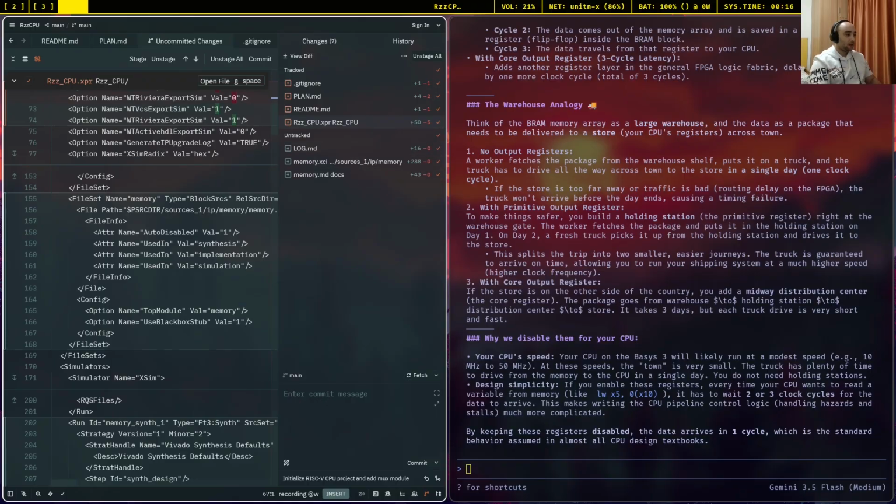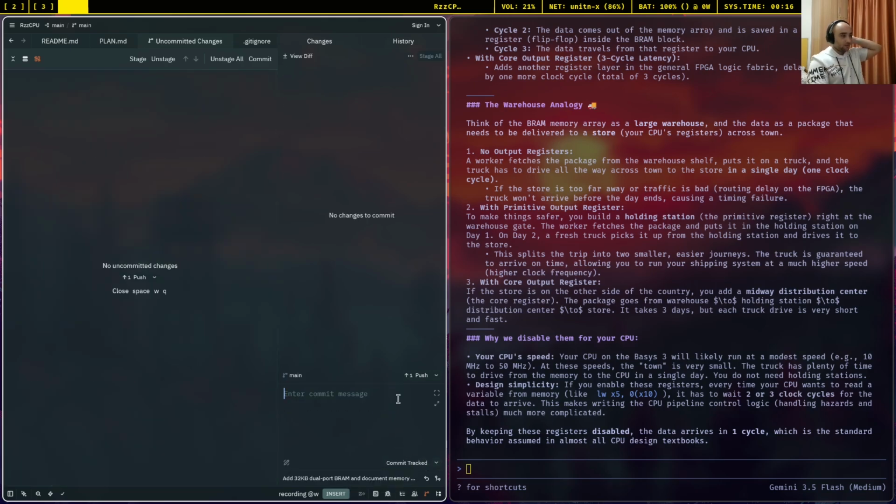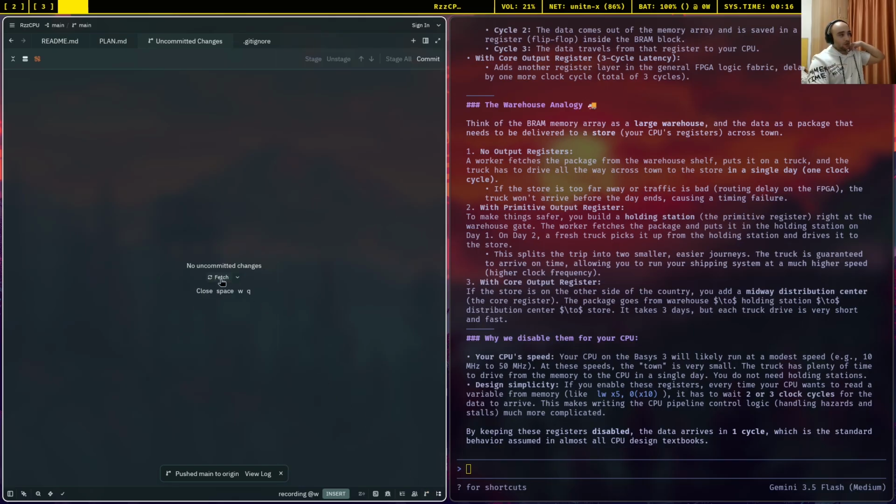Okay, and then I can write a commit message. I'm very bad at commit messages, to be honest. I'm just going to generate it. Yes, perfect. Very concise. And let's push this. Yes. Great. Nice.